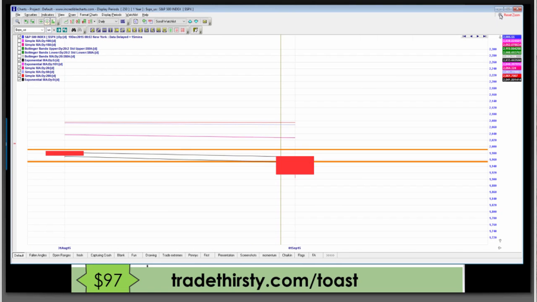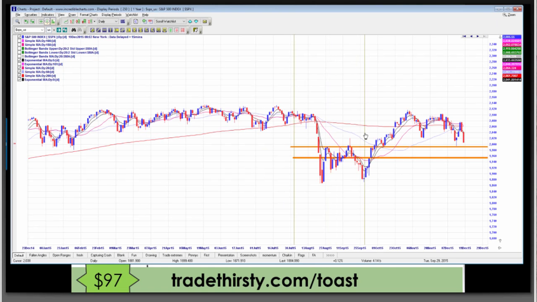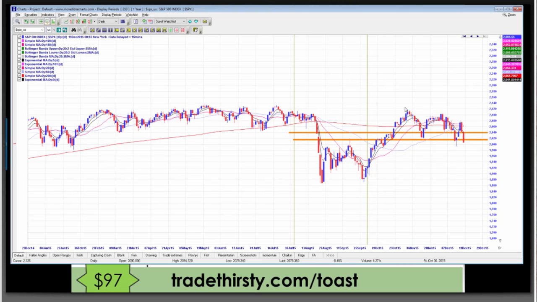Oops, I'm just going to not zoom in, how about that? There's your 1st of October. As you can see, closed higher, went higher. October 16th, there you go. There was your open range, closed higher, went higher.